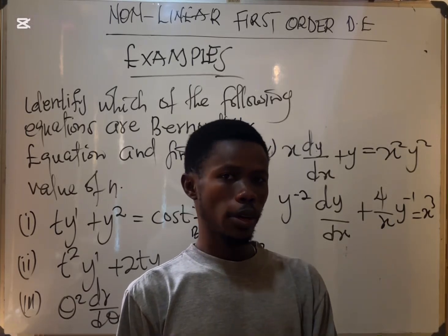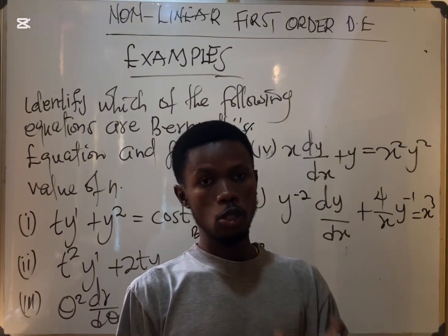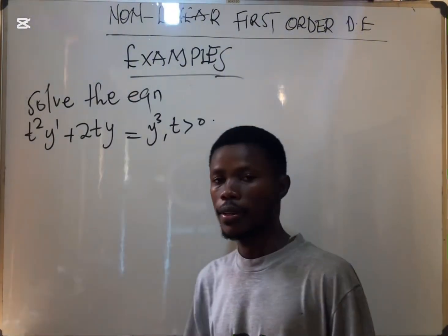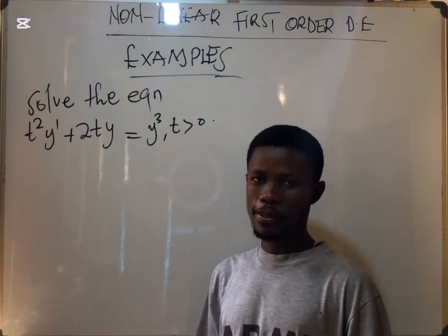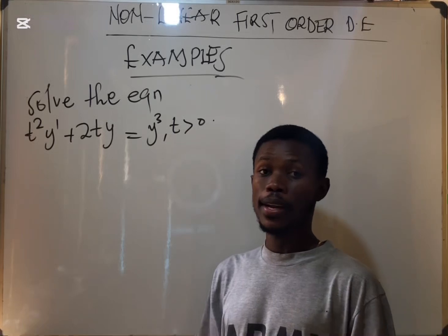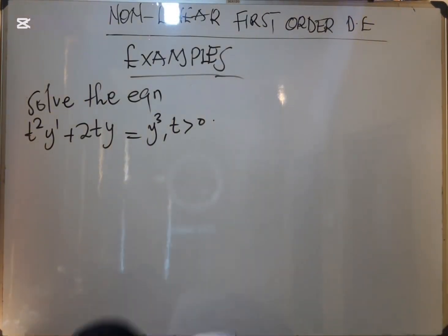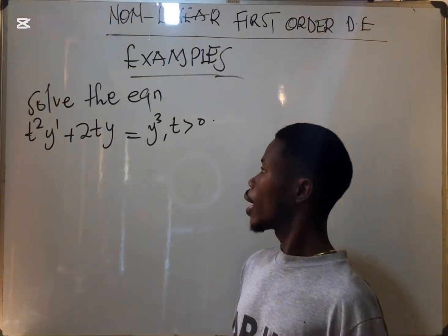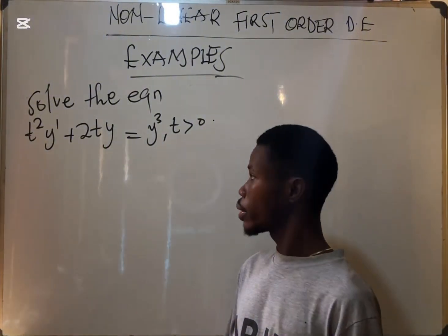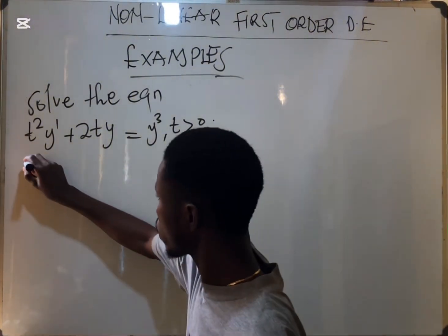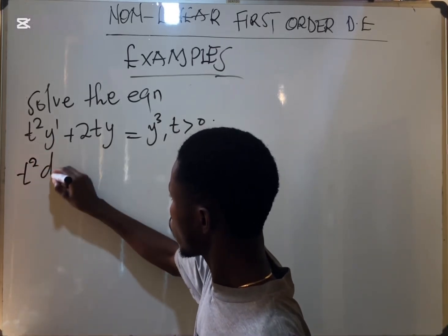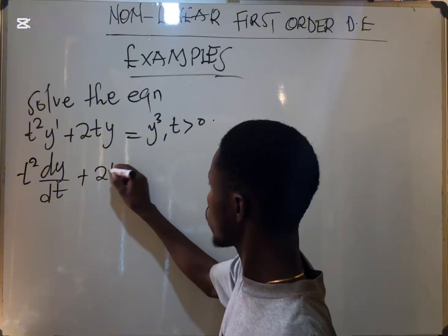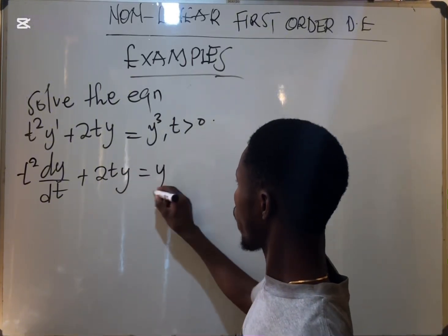Good. Now let's take one of them and solve it, to see how we solve Bernoulli equations. This is an example, and I hope you can identify that this is Bernoulli. Let's write this one: t squared dy/dt plus 2ty equals y cube.